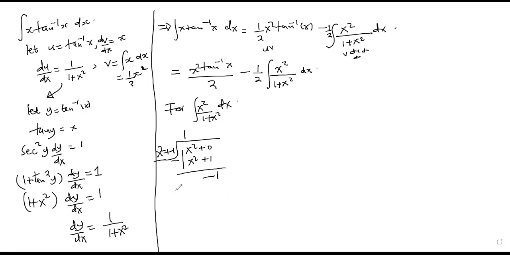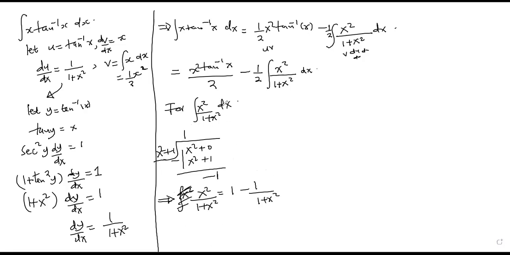So implying that our x squared over 1 plus x squared is the same as 1, the quotient, of course, plus what remains. So it is minus 1 over 1 plus x squared, or x squared plus 1. Now, this is a reminder from the partial fractions.